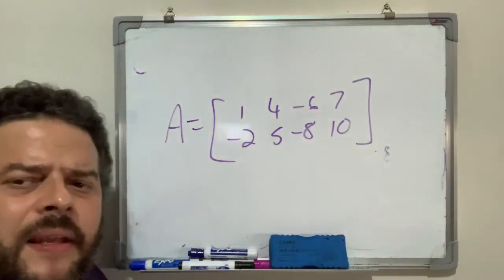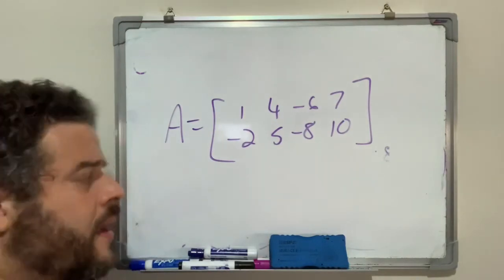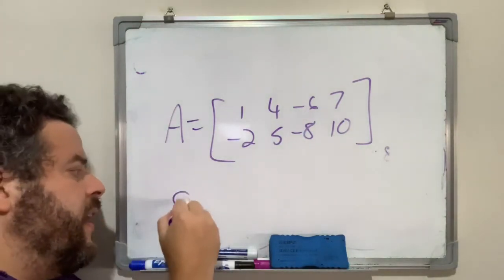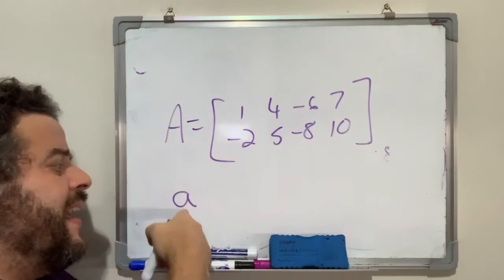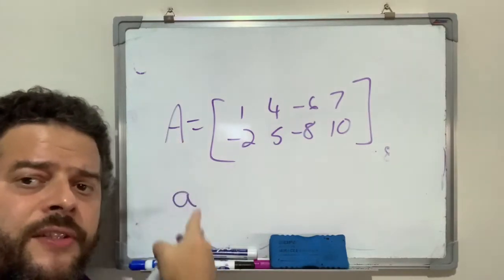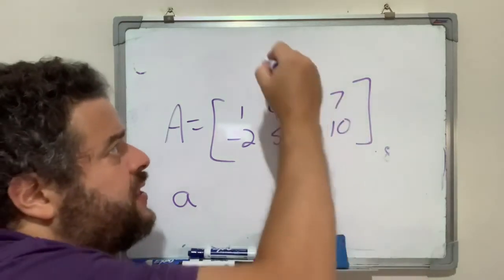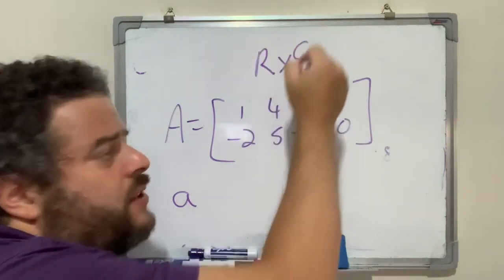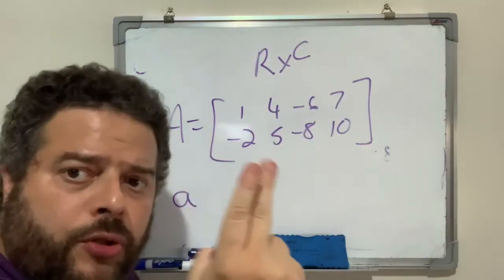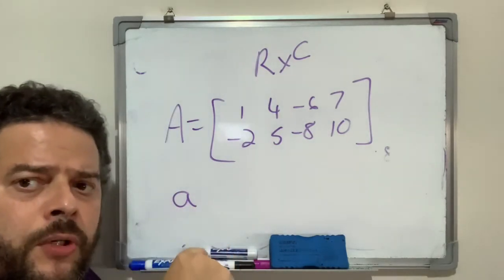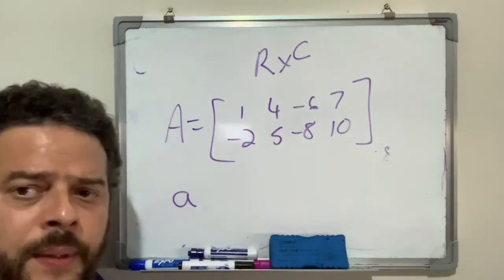If I want to find a particular element, I can use the lowercase, which symbolizes an element of this matrix. So I want an element of matrix A. And just like the dimensions were rows times columns, you're going to put 2 numbers here. The first one will be the row in which the element is found.